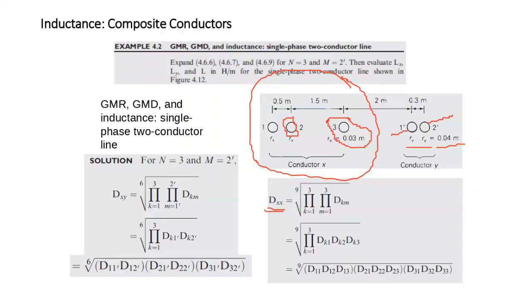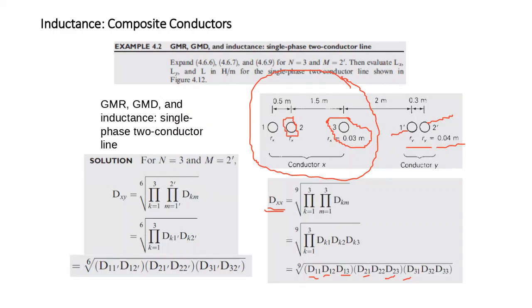We calculate it by D11, D12, D13, and so on. DXX. So let's say Abdullah, what is D11? How much will it be?